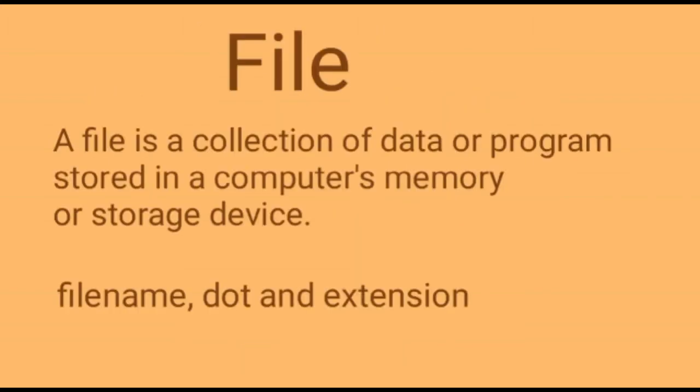File. A file is a collection of data or program stored in a computer's memory or storage device. It is identified by its name. The file name has 3 parts. They are file name, dot and extension.